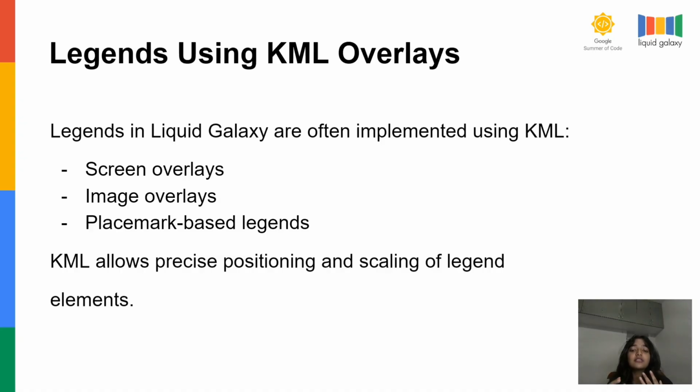Screen overlays allow precise placements using screen coordinates. You can anchor bottom left, top right, or a custom XY position. This allows consistent positioning across screens, fixed scaling, controlled visibility.